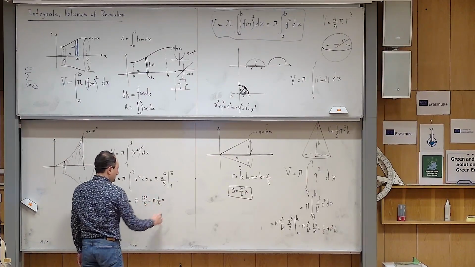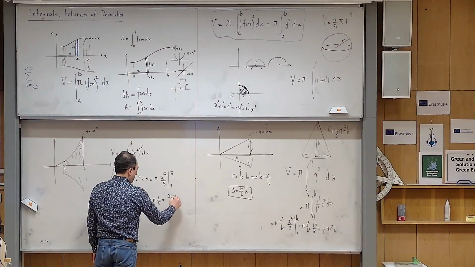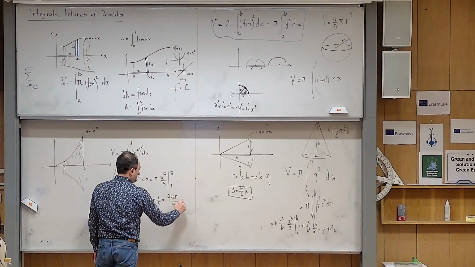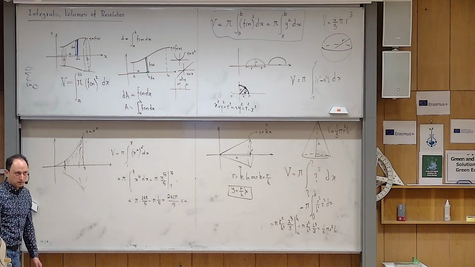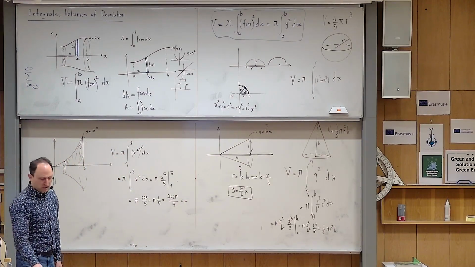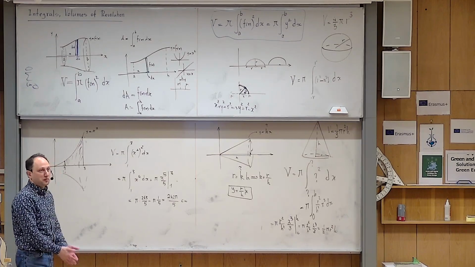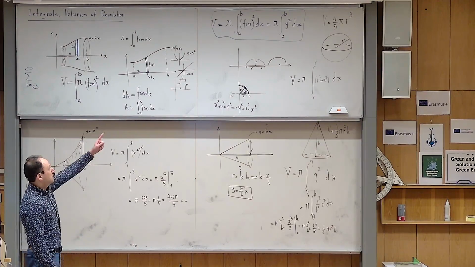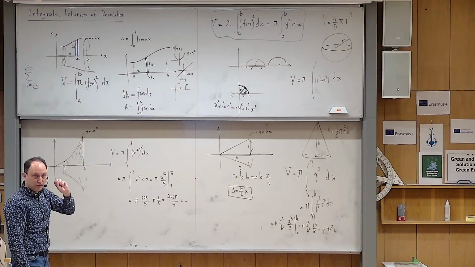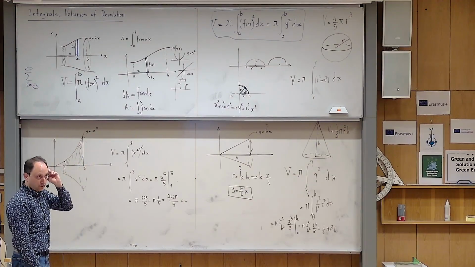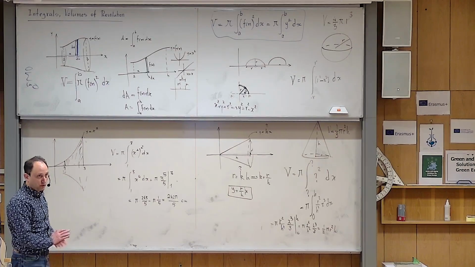So it becomes 242 pi over 5 cubic units. That's the volume of that object. So it is not hard at all. It's more or less the same thing, but you have to remember there is an extra pi in the formula, and the function itself should be squared and put inside the integral. Extremely important.